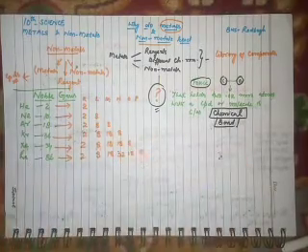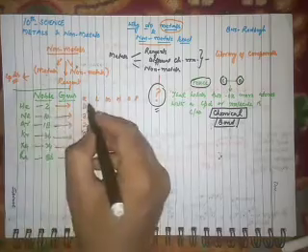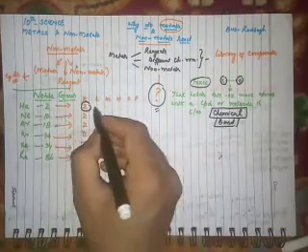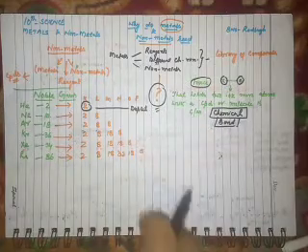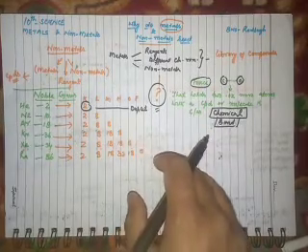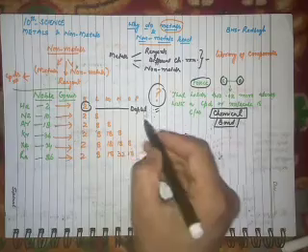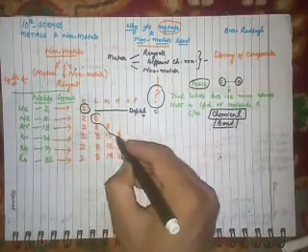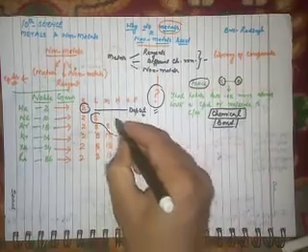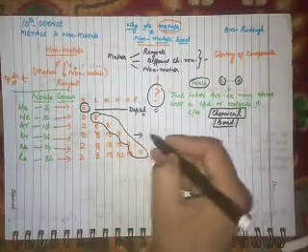So dear students, in the last shell of helium we have two electrons. This is known as duplet. The first shell, that is the K shell, can accommodate a maximum of two electrons, so we call it duplet. And the rest of these elements contain 8 electrons in the last shell.